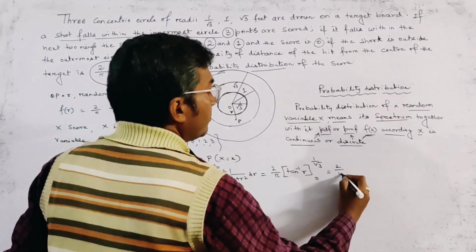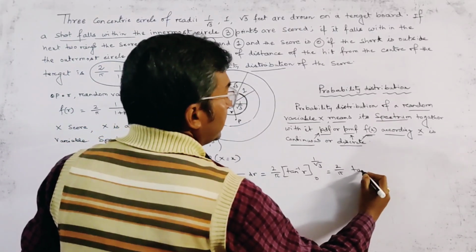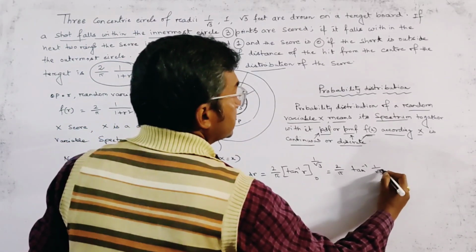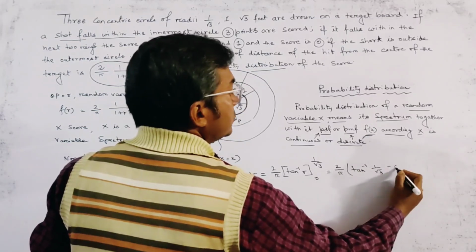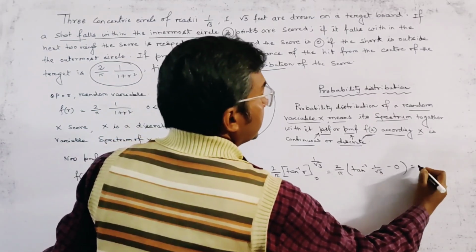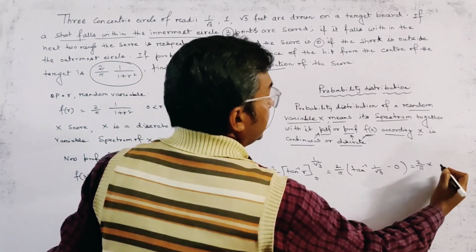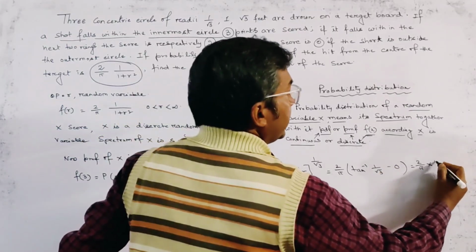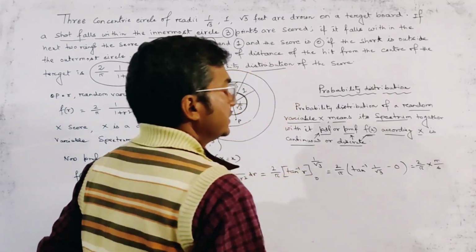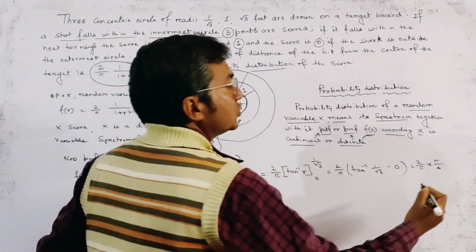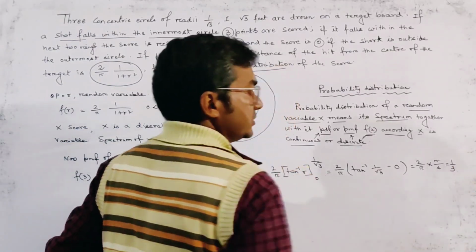So 2 by pi into tan inverse 1 by root 3 minus tan inverse 0, which is 0. So we get 2 by pi into pi by 6, since tan inverse 1 by root 3 is pi by 6.